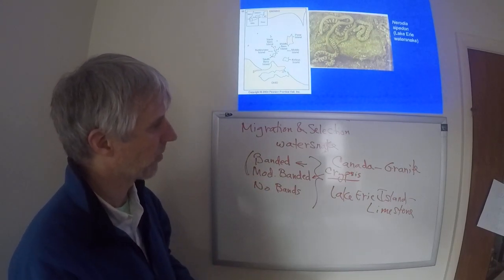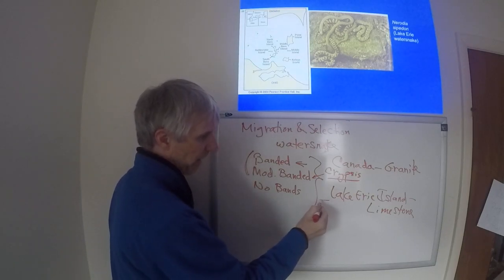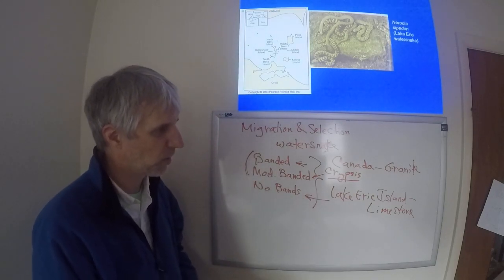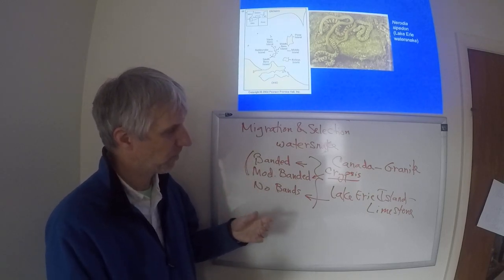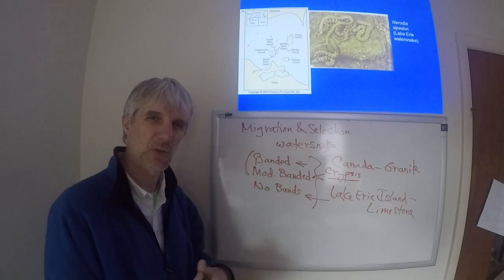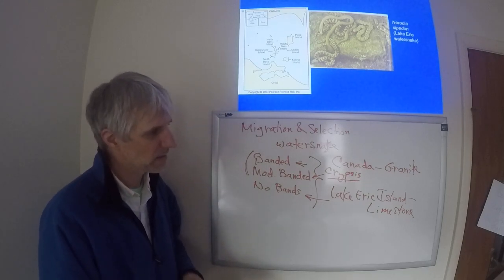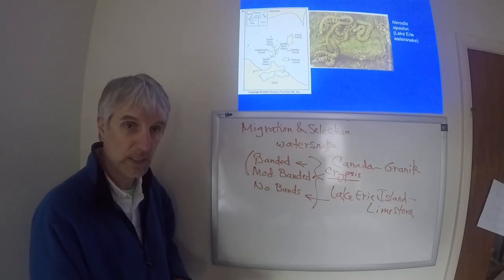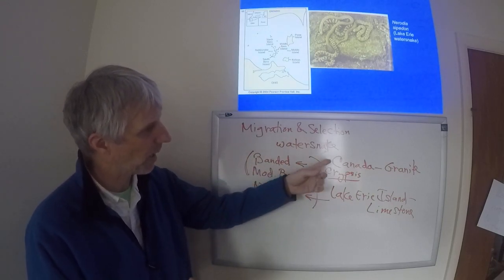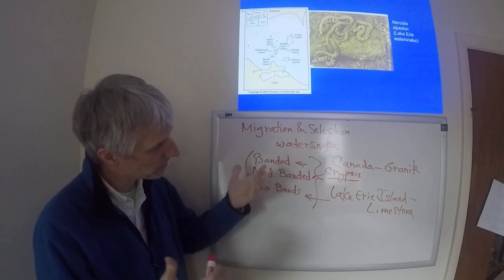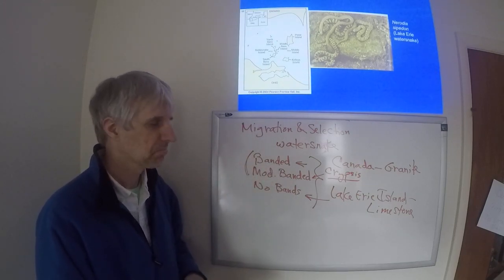And on this background, my expectation would be that the snakes with no bands would do better, whereas the snakes that have any kind of a banding pattern would stick out like a sore thumb against this limestone pattern. Okay? So in our minds, we could conceive of selection operating in these two populations, et cetera, to give us these different banding patterns.